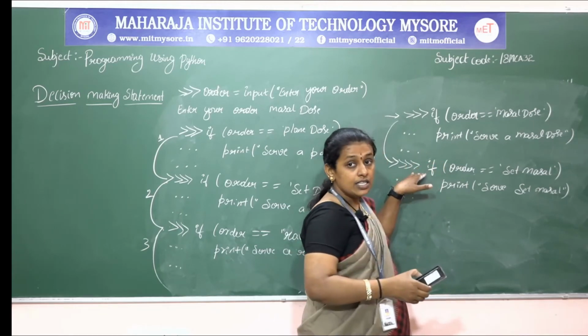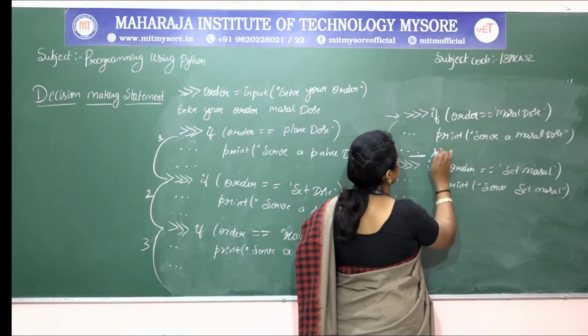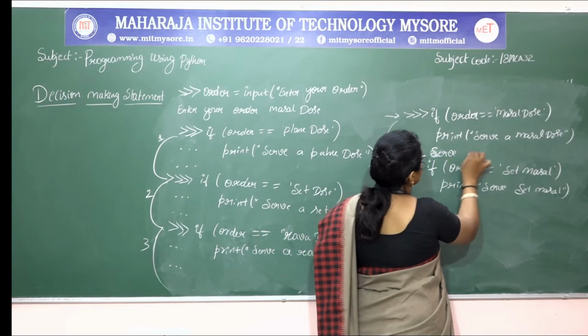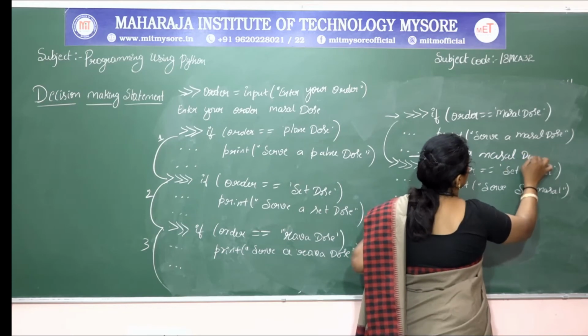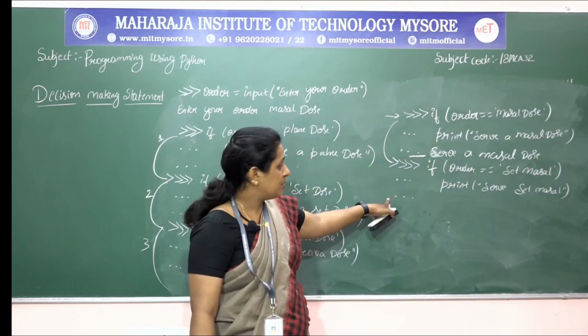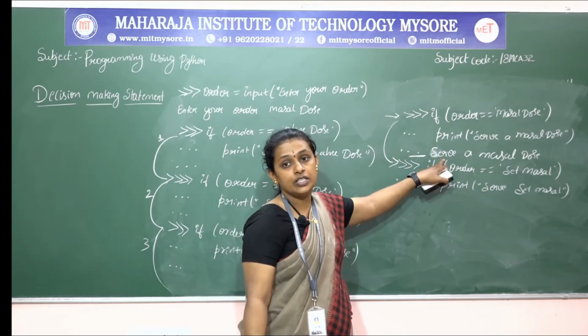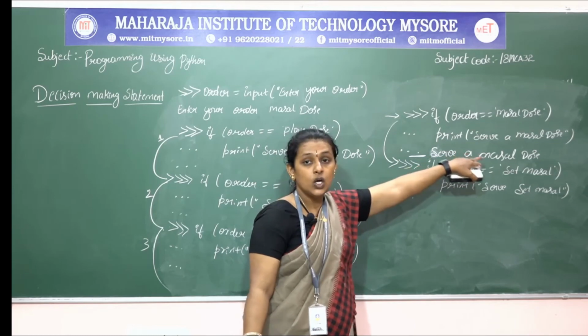So before entering this, I will get the output here only, as serve masala dosa. It is not going to enter this statement. Before that, this statement is evaluated and I get the output serve masala dosa.